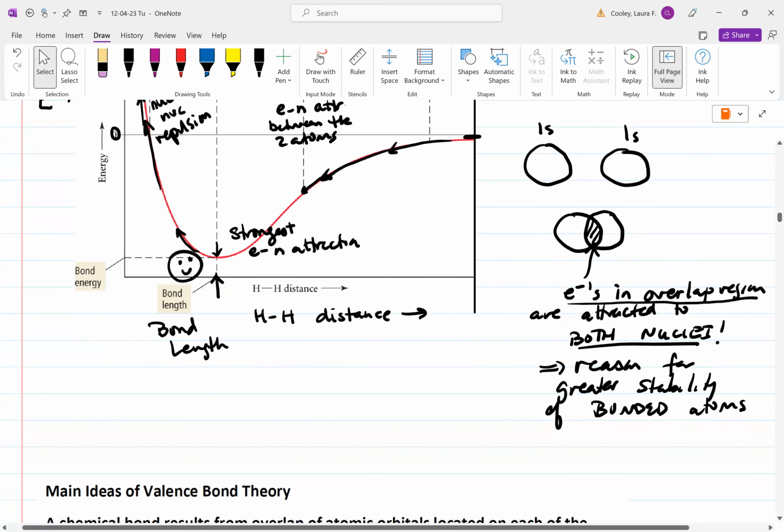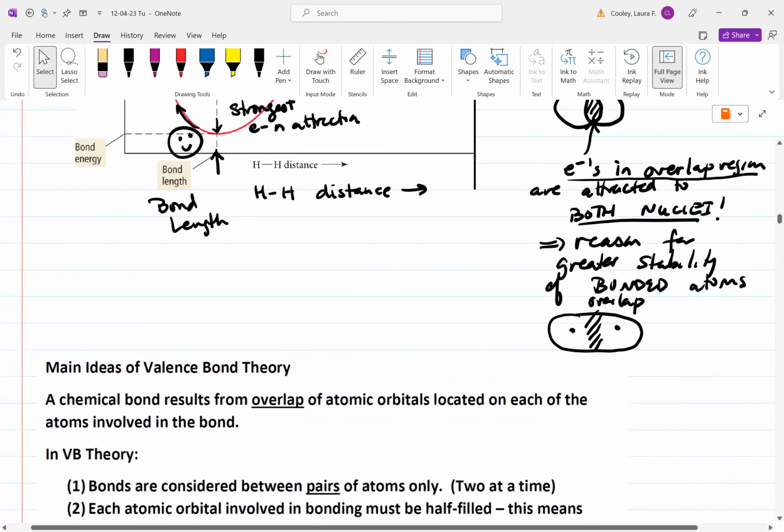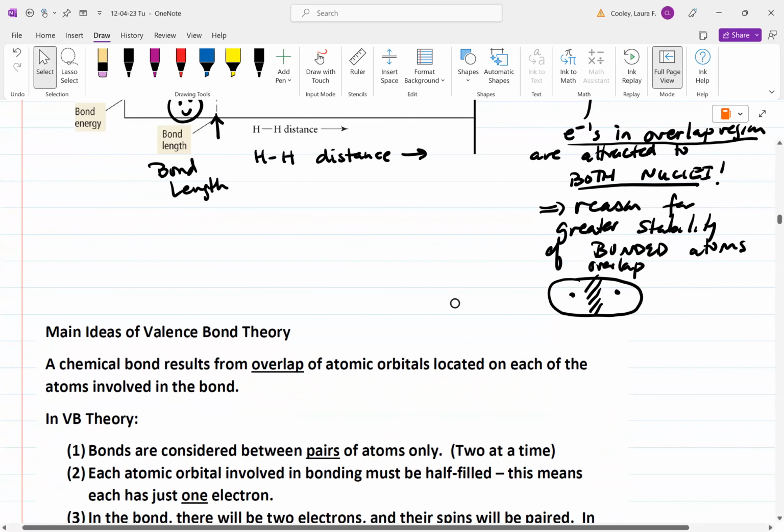Okay, so another way to draw this little picture is to just put it together and have this region of overlap. It's just like the electron cloud is now encompassing both of those nuclei.